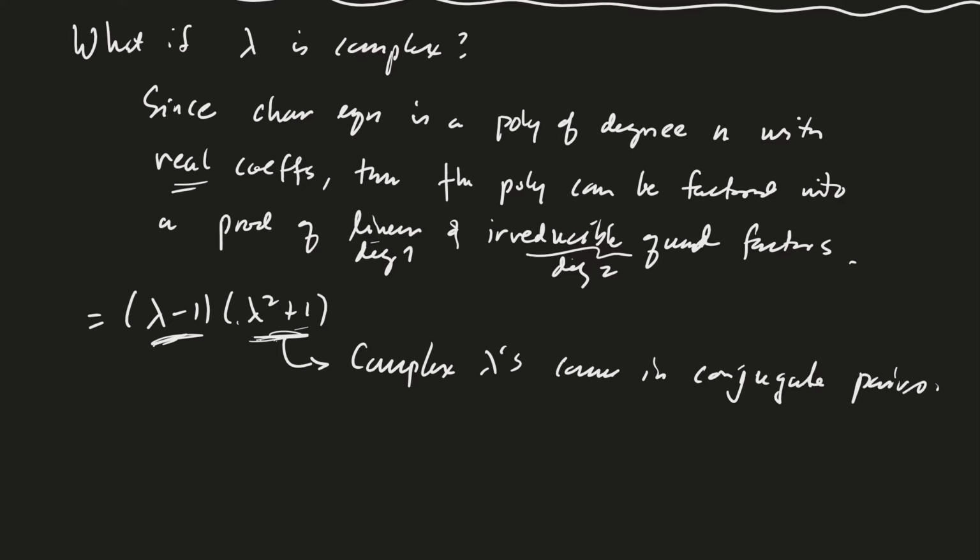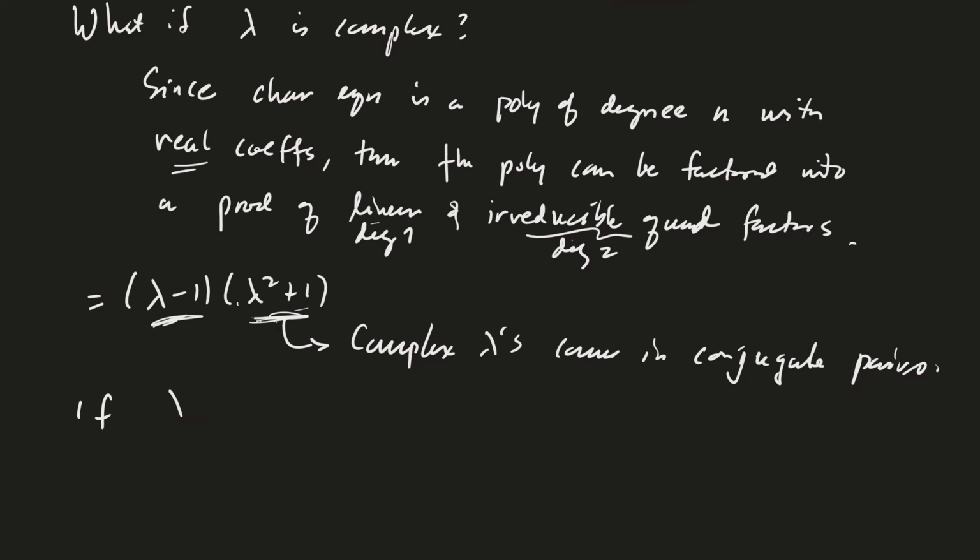So if lambda equals alpha plus beta i is one eigenvalue, then lambda bar, which is the conjugate, alpha minus beta i, is also an eigenvalue.